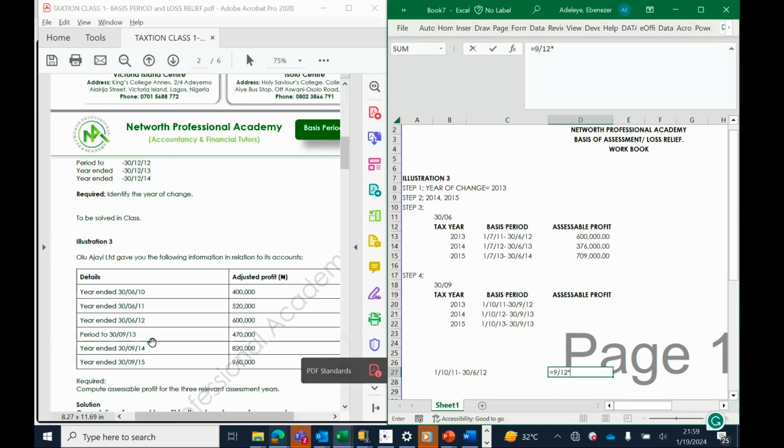It's 600. So this is the year end that we are looking at, and this is the adjusted profit for it. So that's 450. We've already figured out 9 months out of this 600. So it remains 3 months, right?